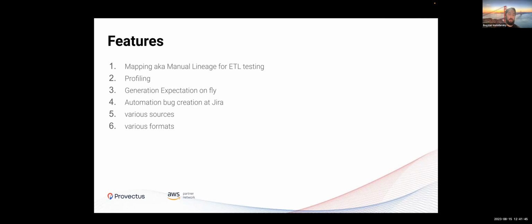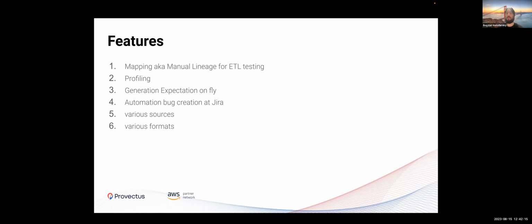For example, if some column name was changed or something like that, you type it into a mapping. So our engine will take this information and regenerate and modify this already generated test for the raw stage to a transform stage. So it will be the same Great Expectations suite, but changed on the fly based on your mapping.